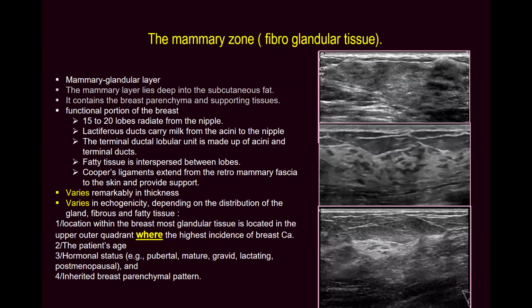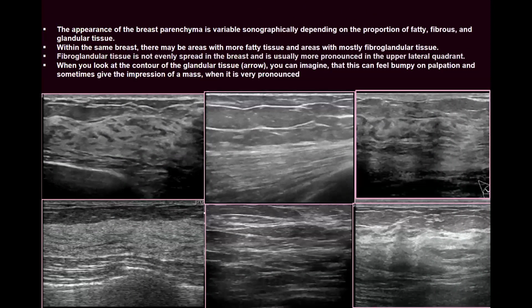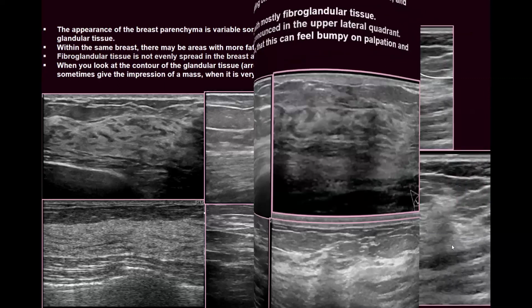Even the inherited parenchymal pattern varies from one family to another, and the distribution of the gland within the breast, as we have seen, also varies. Okay, here you can see variations in the mammary zones, fatty and even glandular. Look at the glandular; you see the echogenicity difference between these examples.